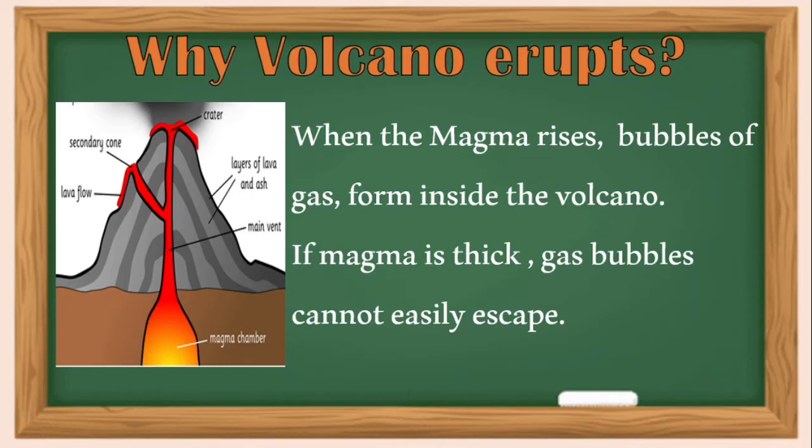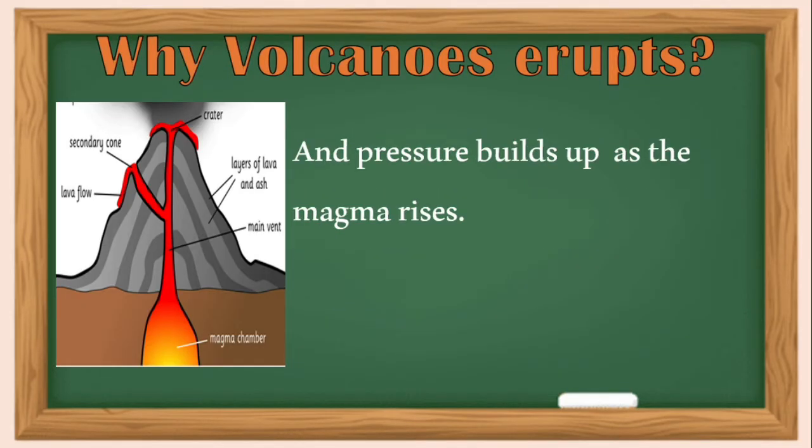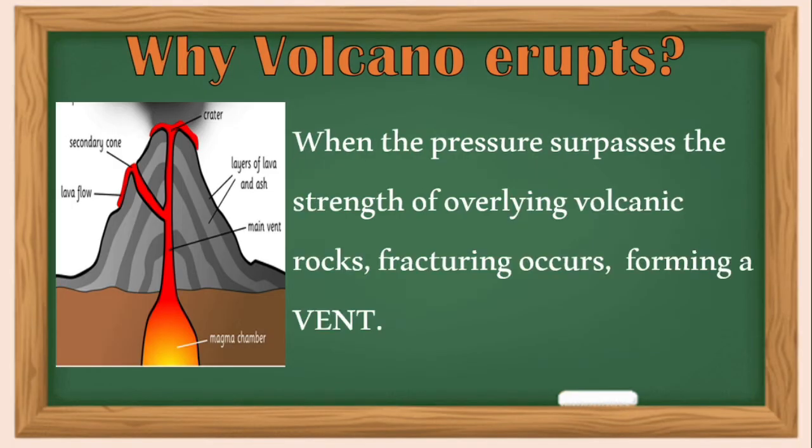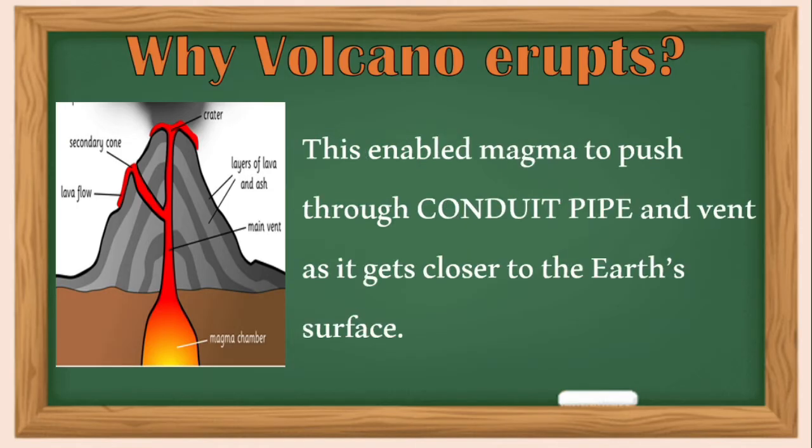If magma is thick, gas bubbles cannot easily escape, and pressure builds up as the magma rises. When the pressure surpasses the strength of the overlying volcanic rocks, fracturing occurs, forming a vent. This enables magma to push through a conduit pipe and vent as it gets closer to the Earth's surface.